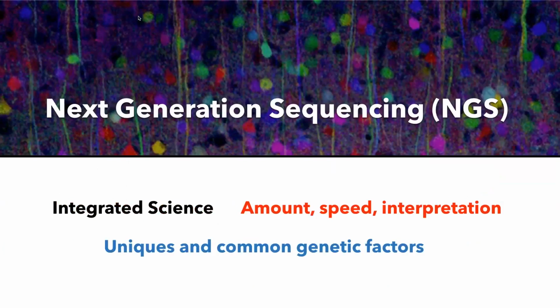So my last point, and of course we could talk a lot about clinical applications and many others, is that this ability to sequence very quickly and accurately with precision now allows us to make very clear comparisons and accurate comparisons between genomes.